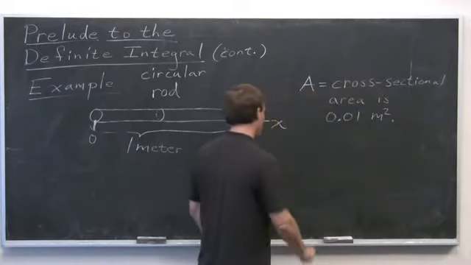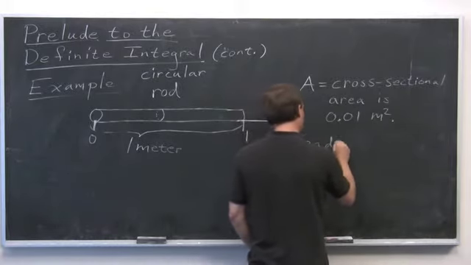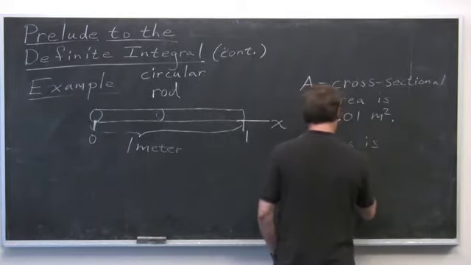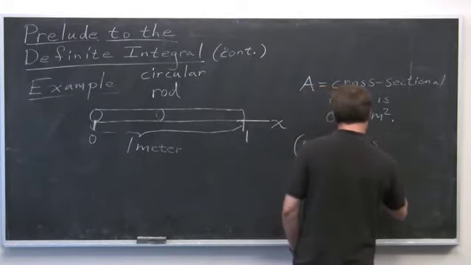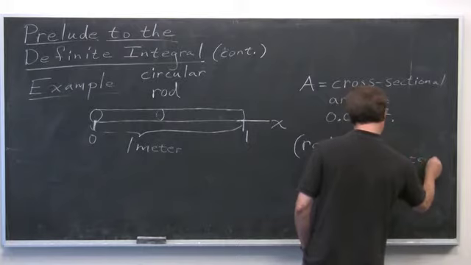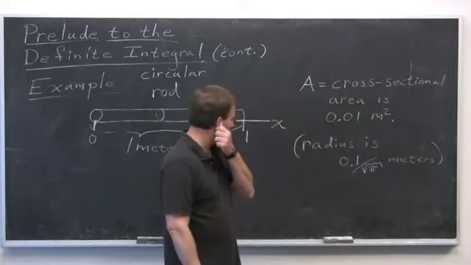In terms of radius, we won't use the radius, but just as an aside, this means the radius is 0.1 over the square root of pi meters.